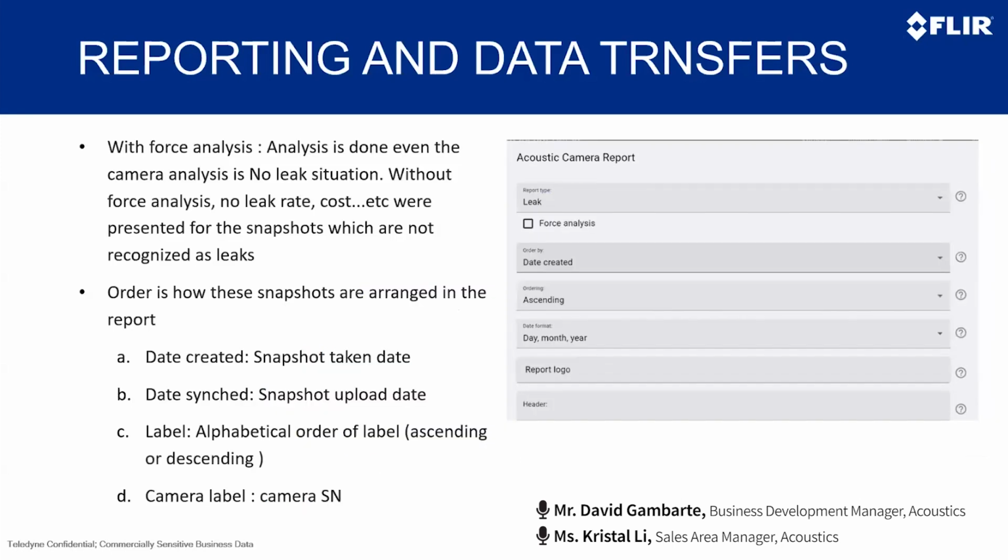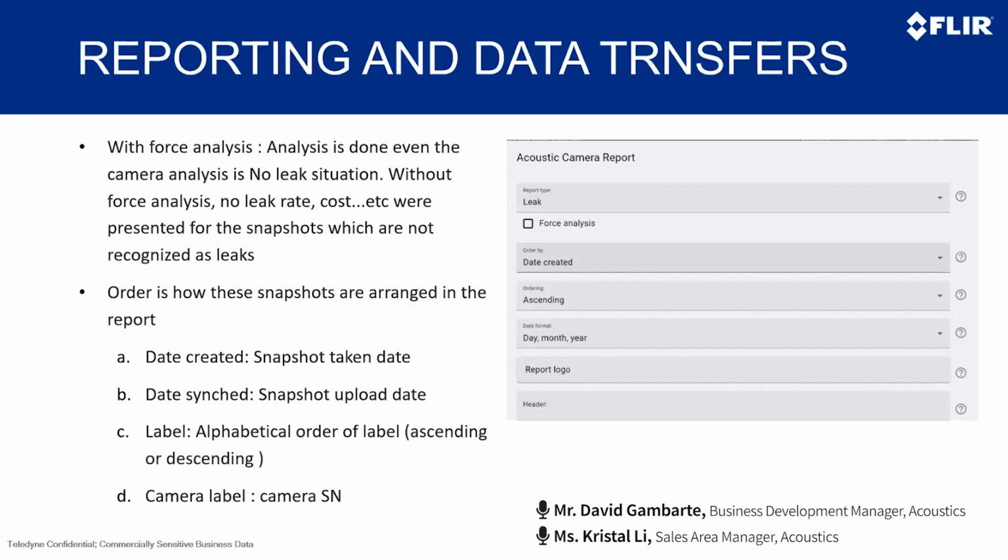Next one, please. When you choose the leak type of report, something is a little bit special compared to the other three types of reports. There is this checkbox. You probably noticed that this is the force analysis. That means that when you click force analysis, the analysis will be done anyway, even if the camera analysis identified no leak.